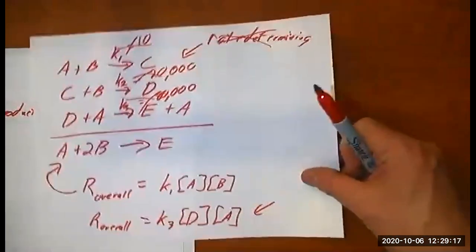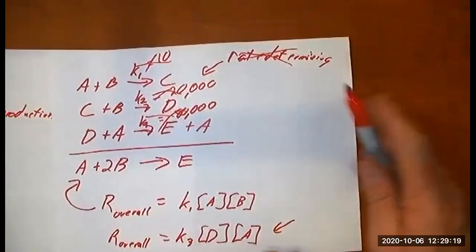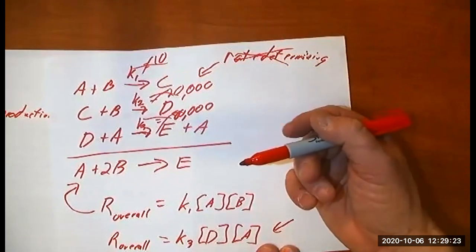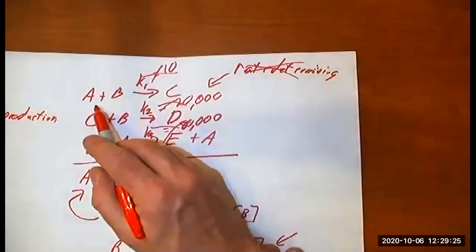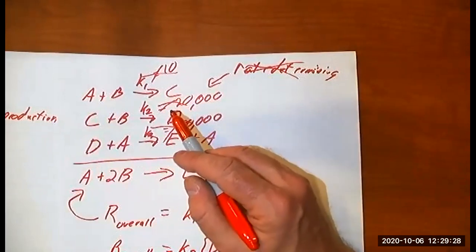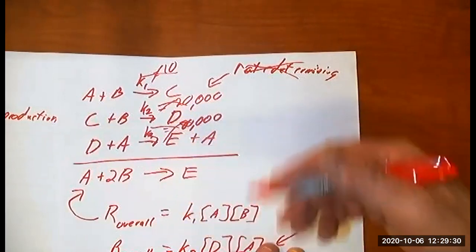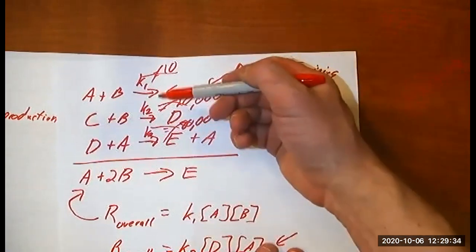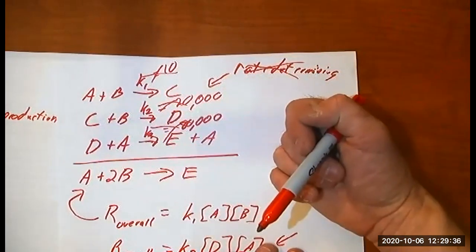So the first thing to do is to write down the rates of the individual reactions that we're dealing with here. Remember, when we write down a mechanism, we are implicitly making the assumption that each of these steps is an elementary reaction.